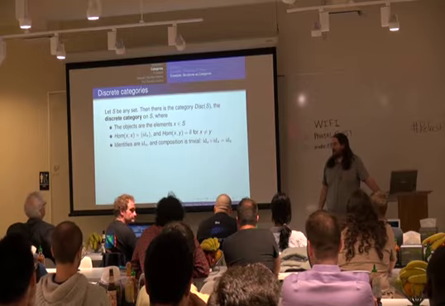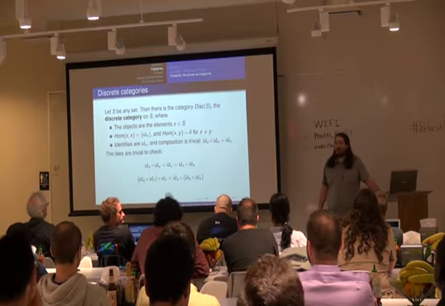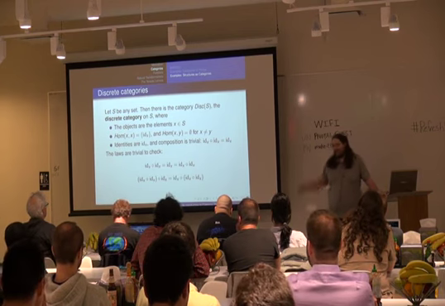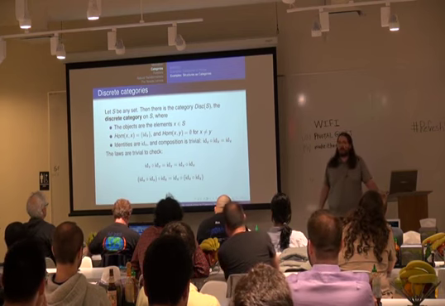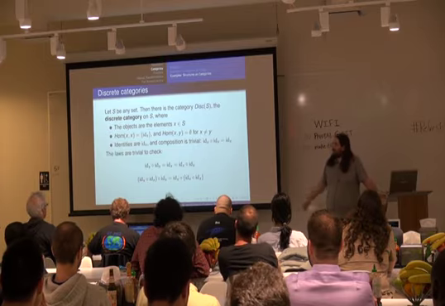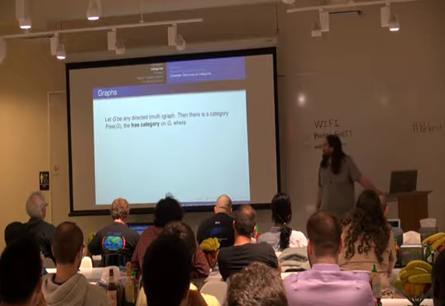The identities are the identities, and composition of identities is identity. You can prove the laws very easily. So yeah, it's a category. It's not a very interesting category. There's no real morphisms to speak of, but it's a category in and of itself, and it's worth talking about sometimes.